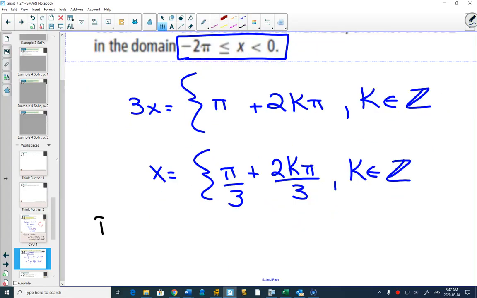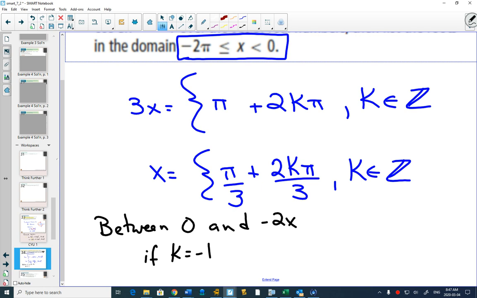So I'm going to write here. If k equals -1, you would have pi over 3 minus 2 pi over 3. Already got a common denominator.